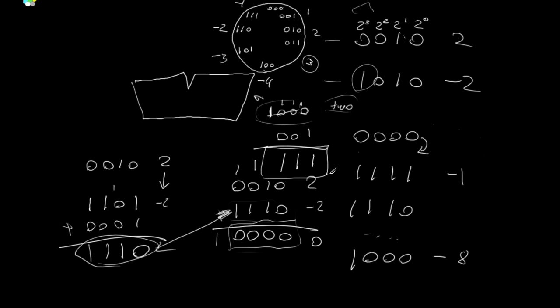But I don't know why it's actually called the 2's complement. I guess I don't know what else you would call it. This is the 2 because you add another digit, and you're basically doubling the range of numbers you can make, right? With a 3-bit number, you've got 8 different values.